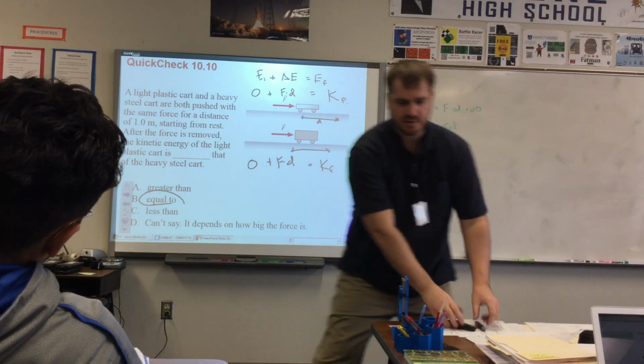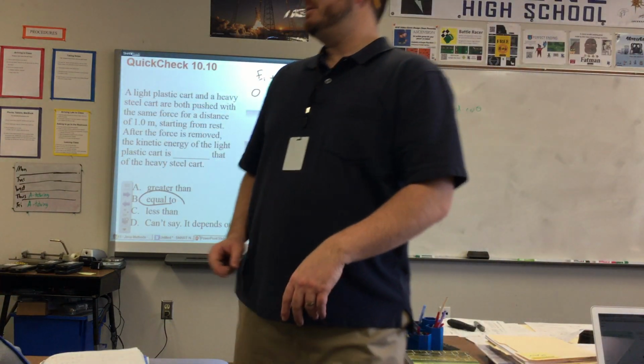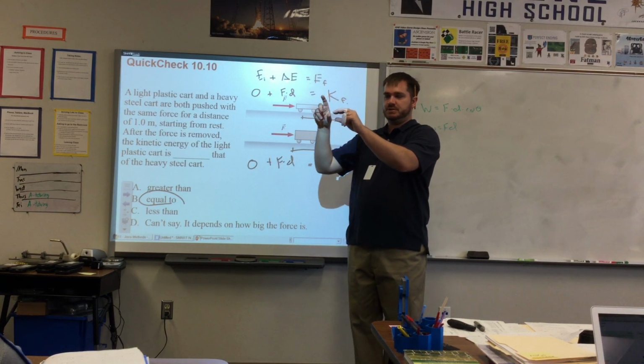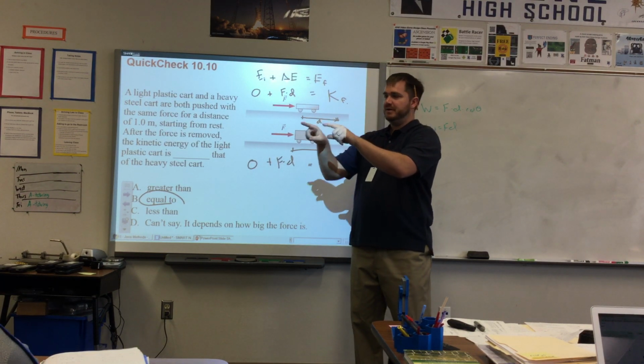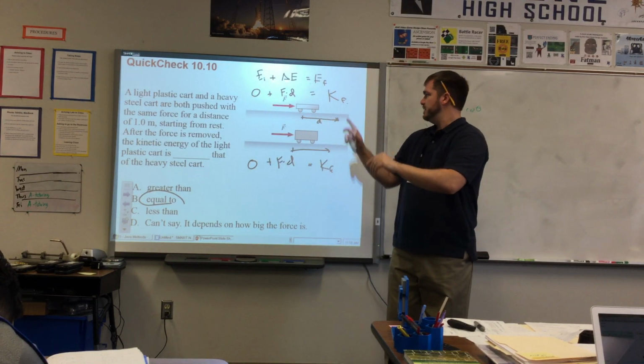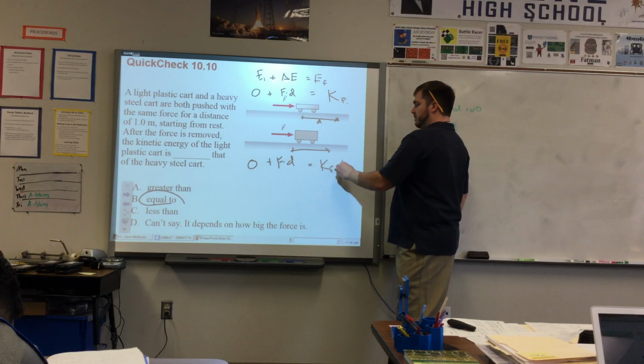Just imagine I get two Hot Wheels cars, one heavy truck and one really light dollar store car, and I push them both with the same force. The heavy one has kinetic energy 1/2 mv squared.